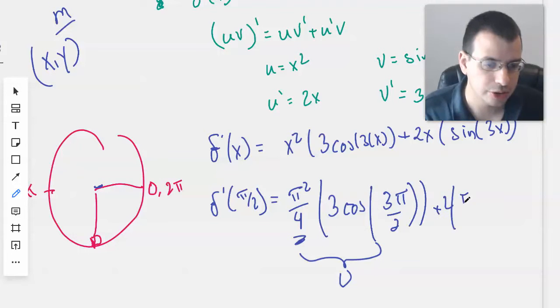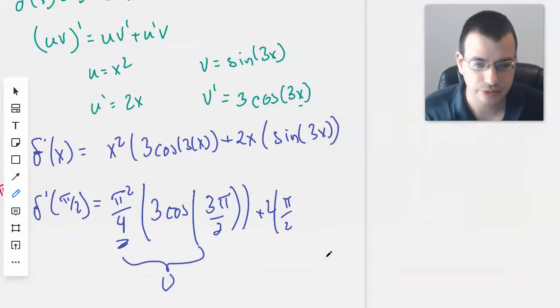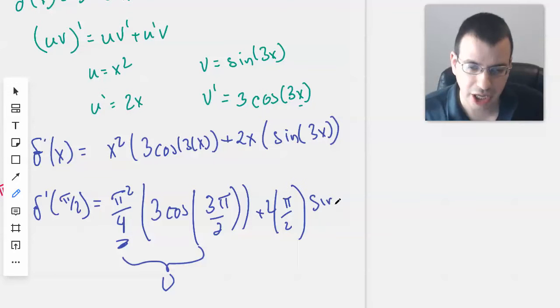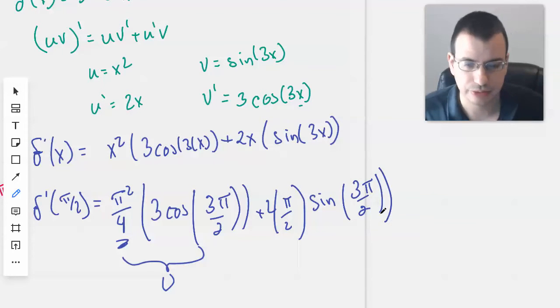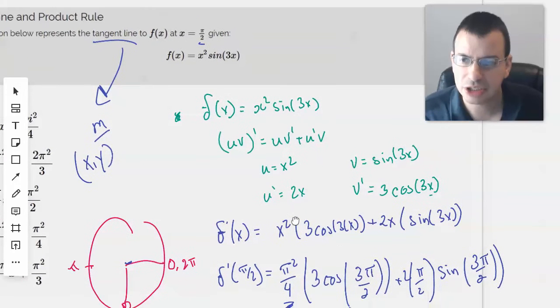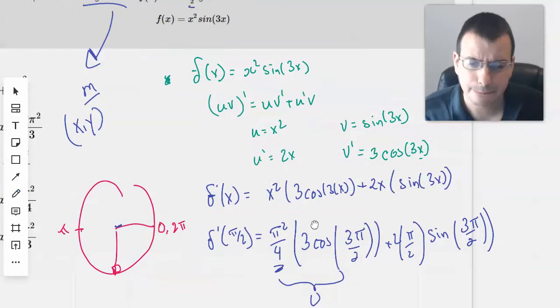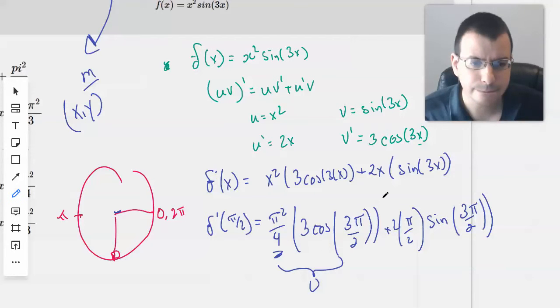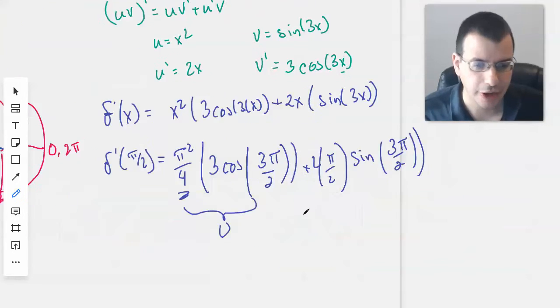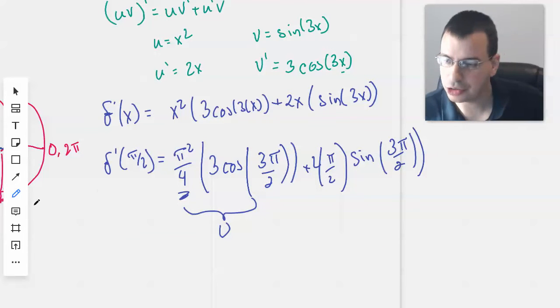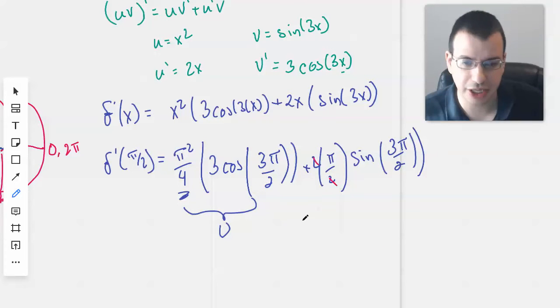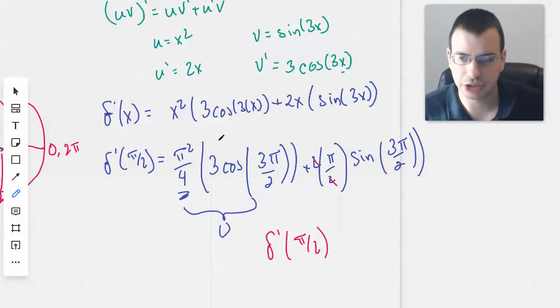Plus 2 times pi over 2 times sine of 3 pi over 2. That makes sense? Seems very reasonable. So then do some canceling. Cancel, cancel. And f prime of pi over 2, make sure that's what we're actually doing.